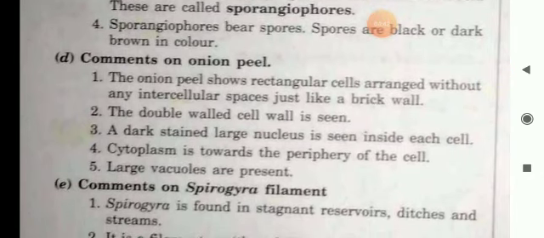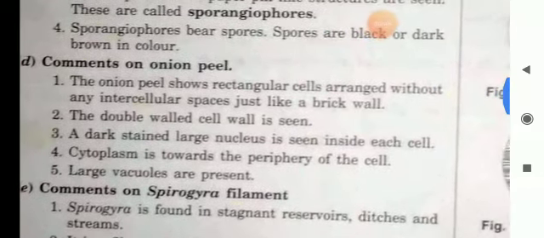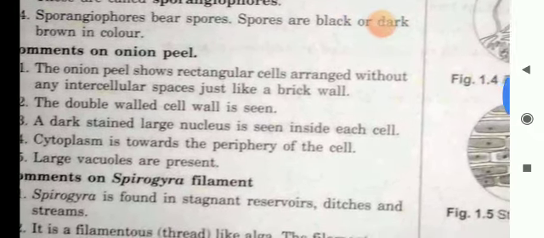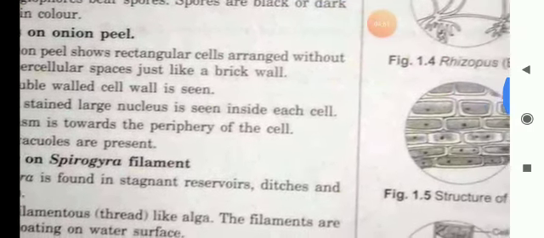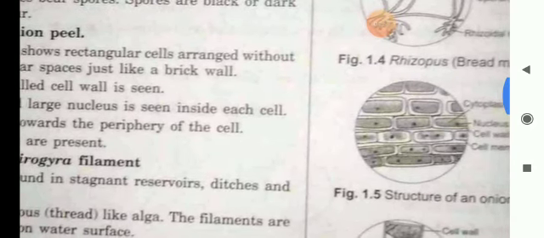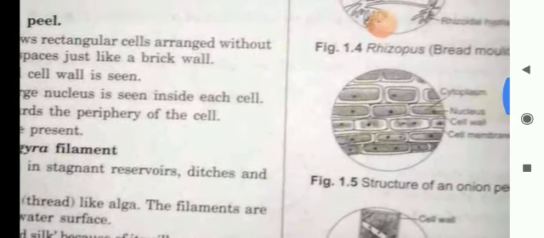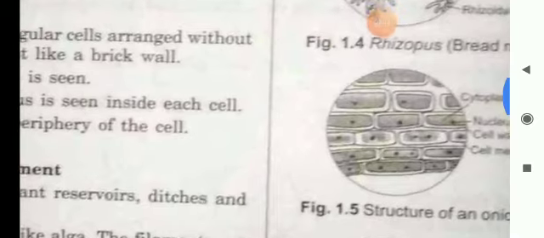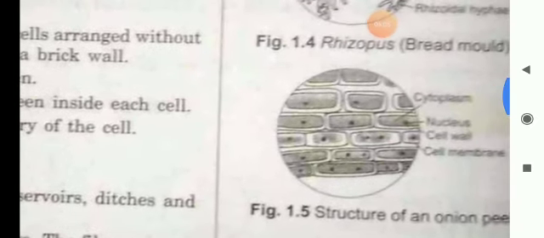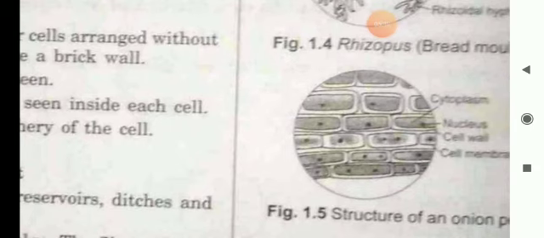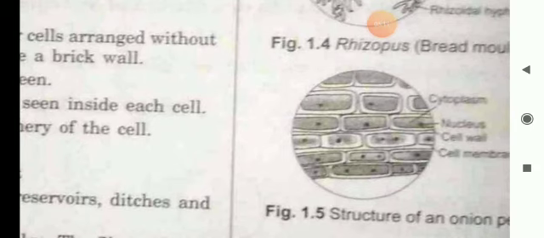Fourth, onion peel. Already you have seen the experiment about onion peel. So here we can see the rectangular cells arranged without any intercellular space. There is no space between the cells, and it is a compartment-like structure where in between there is nucleus and vacuoles.